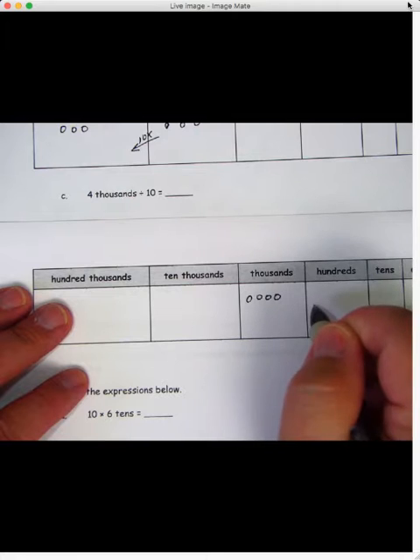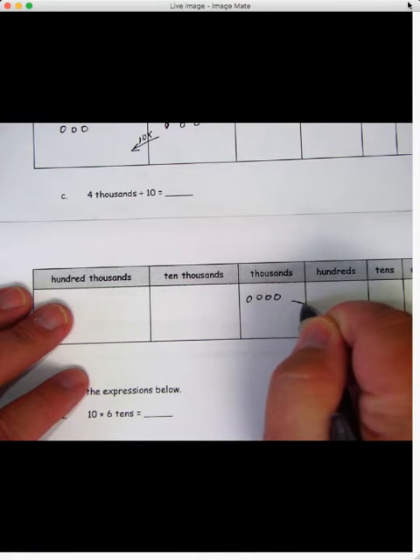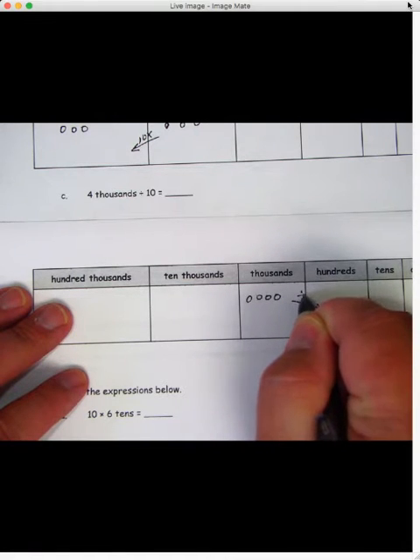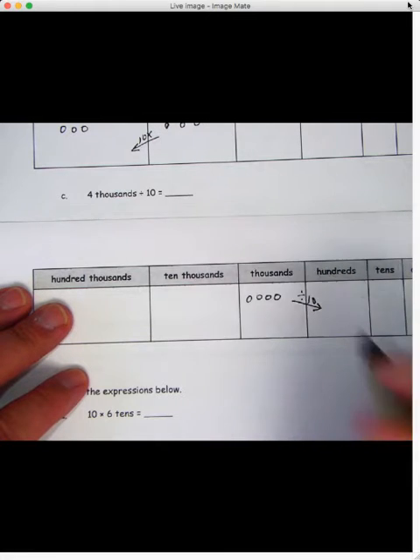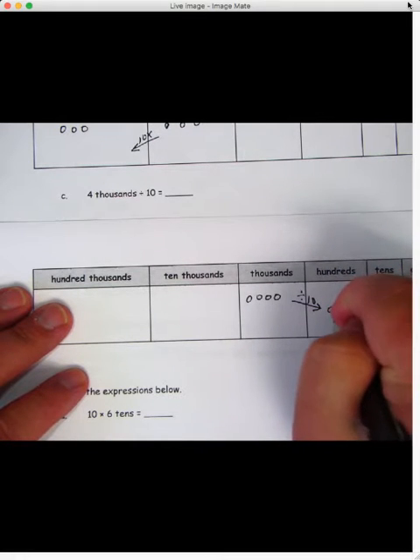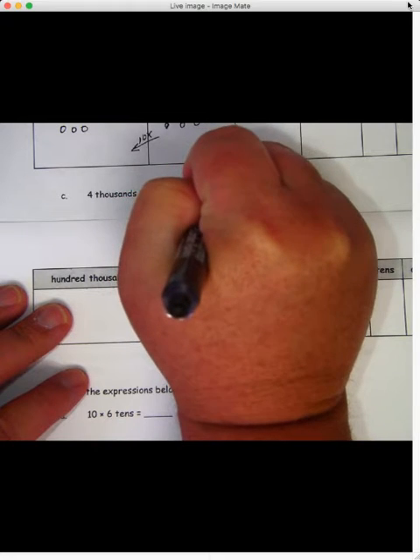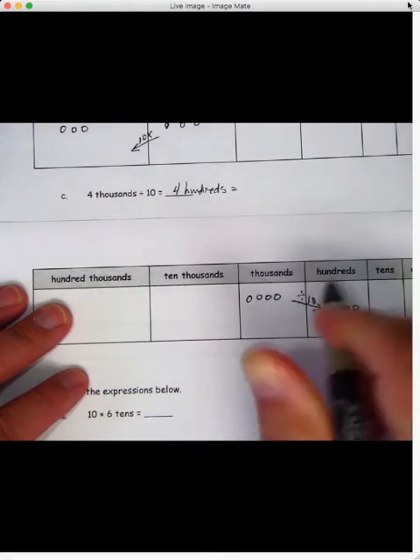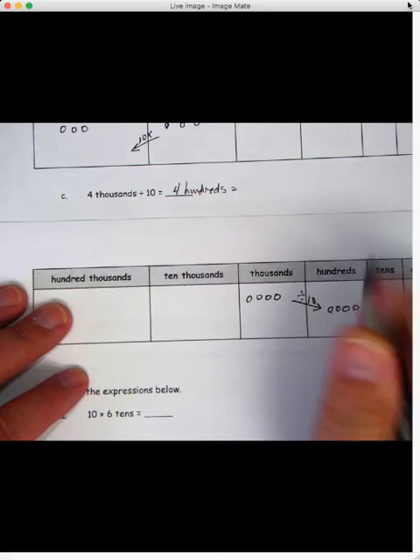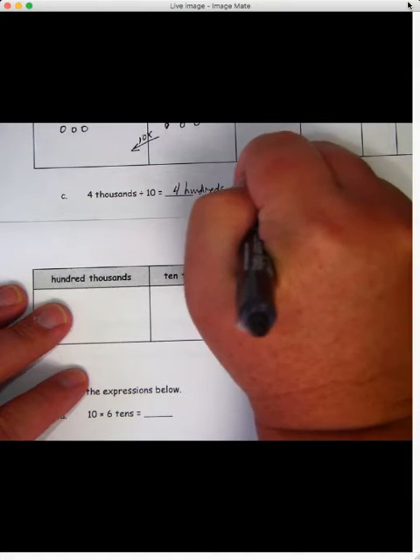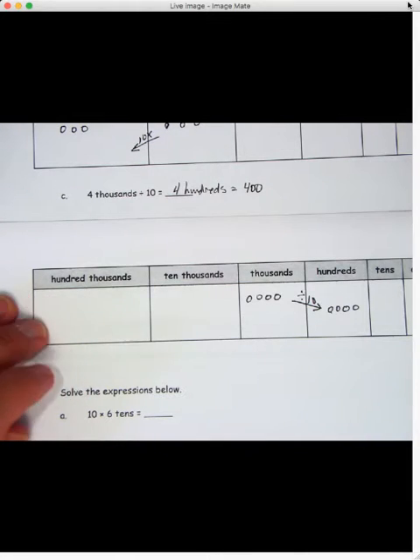That means I'm going to go to the right. So divided by 10, that means I'm going to have 1, 2, 3, 400s. So 4,000 divided by 10 is 400s. And what number is that? 100, 200, 300, 400. Are you getting it? It's not so hard, is it?